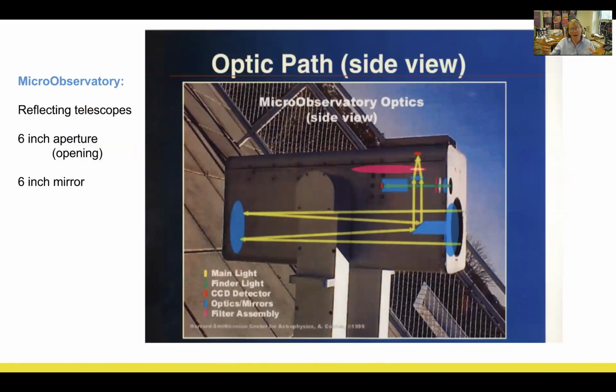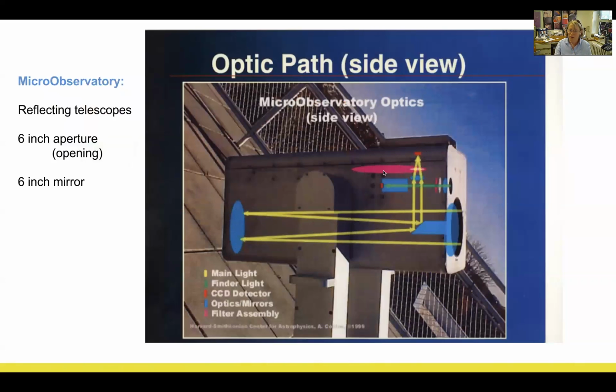The bigger the opening, the more light gets let in. And so MicroObservatory has a 6-inch opening. They're 6-inch telescopes, and they're reflecting telescopes because they use a mirror that's at the back of the telescope to reflect the light, and they use mirrors to focus it towards the detector that's right up here.